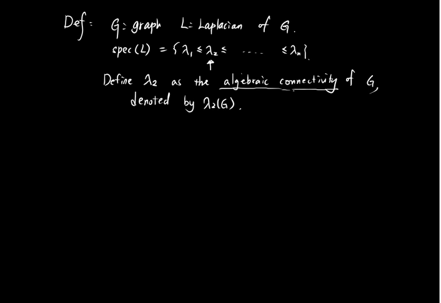So you will see one of the main differences is this connectivity is not necessarily an integer, right? It's just an eigenvalue. There's no reason it has to be an integer. And indeed, there are lots of graphs whose algebraic connectivity is not an integer. But why do we call that the connectivity, right?